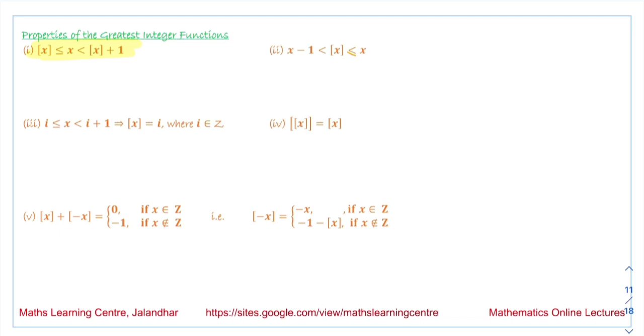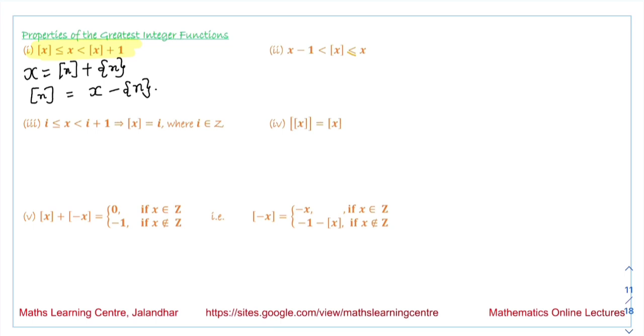Now we know that if any number x is given to us, we can write it as the greatest integer of x plus the fractional part of that number. From this, what we get is that greatest integer of x is equal to x minus the fractional part.